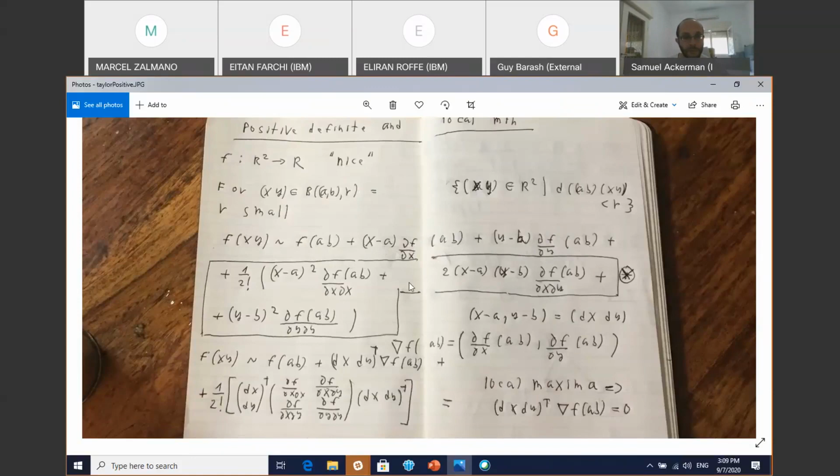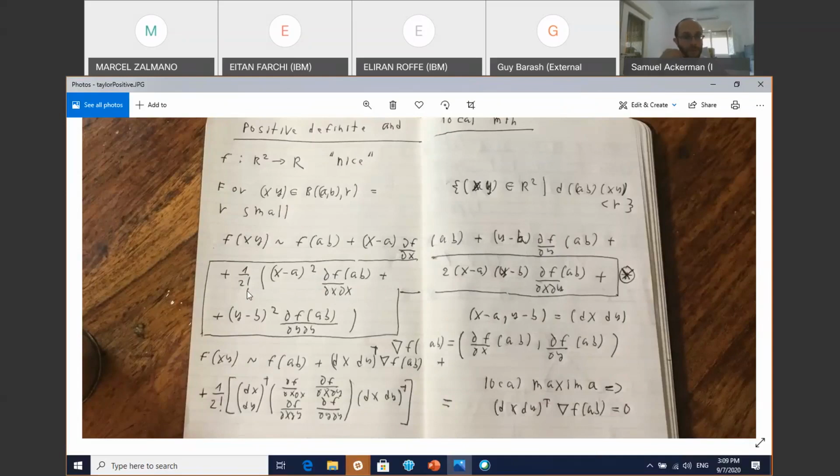And then I continue and expand it to the second degree, and I get 1 over 2 factorial of x minus a to the square, the second partial derivative by x. Why is the factorial needed? I mean, 2 factorial is 2.